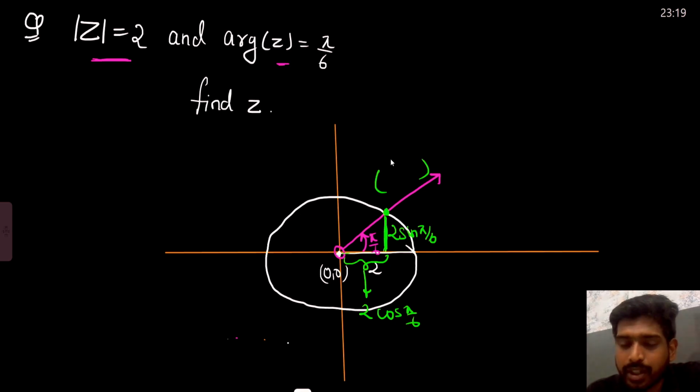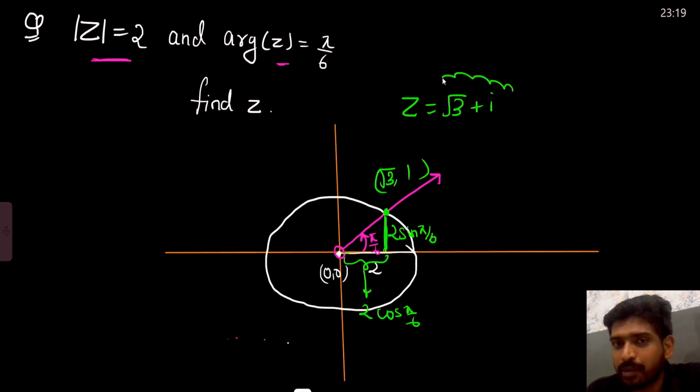Cos 30 degrees is root 3 by 2, so 2 into root 3 by 2 is root 3, and 2 sin 30 degrees is 1. The required complex number z is root 3 plus 1 iota. So root 3 plus iota is my answer for this question.